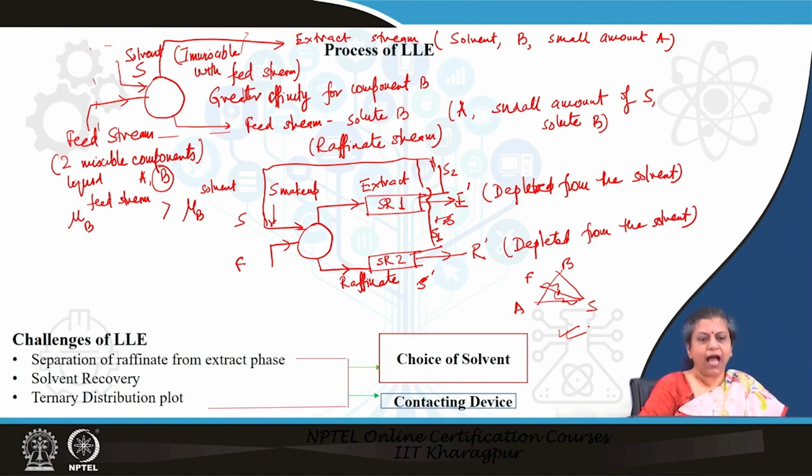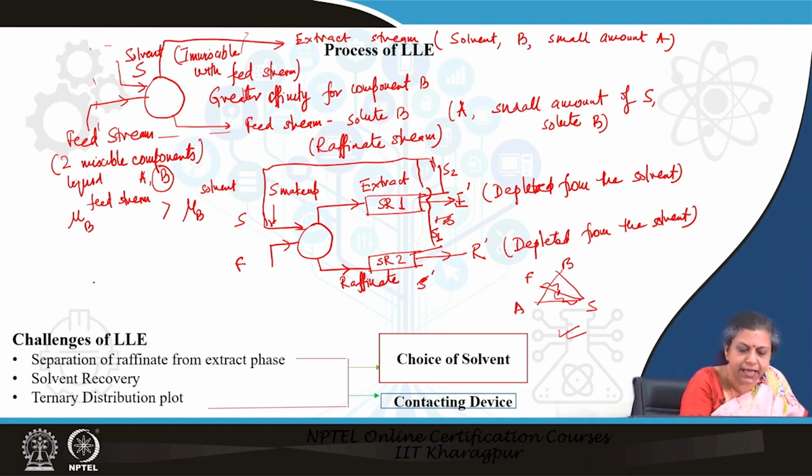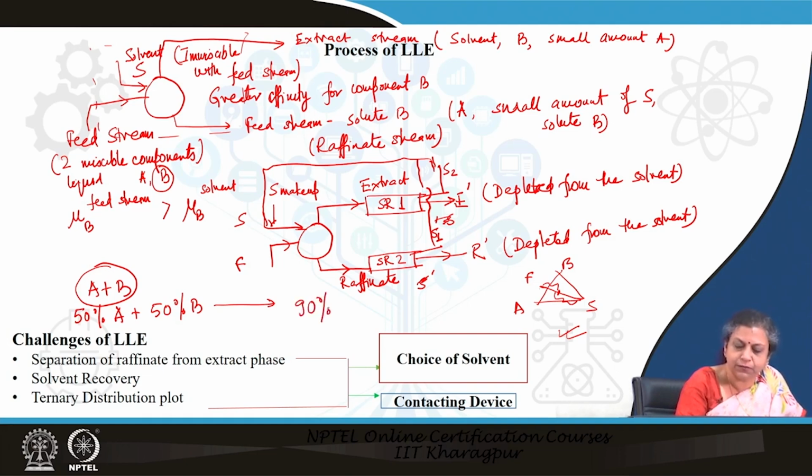Suppose I have A and B, and I have started from 50% A and 50% B, and the specification is that from here I have to recover about 90% B, and we know that an azeotrope is formed at around 80% B.